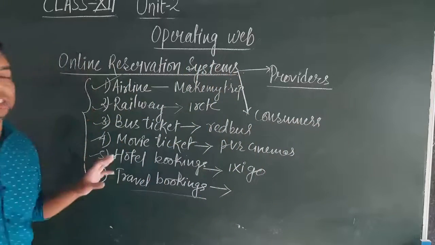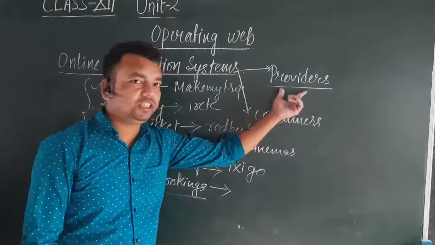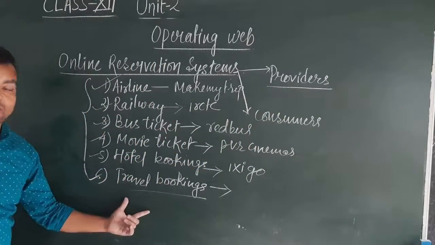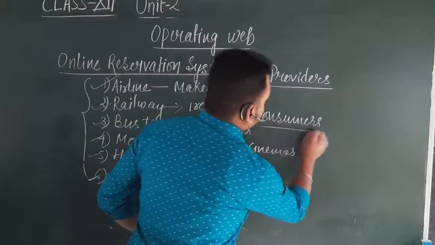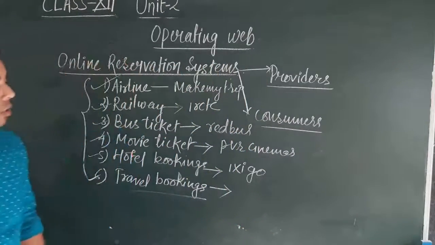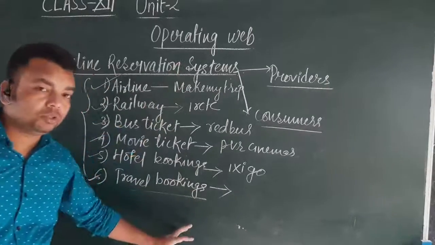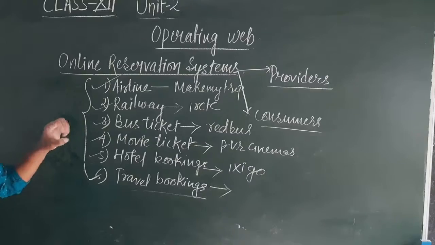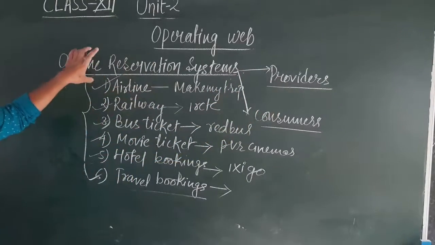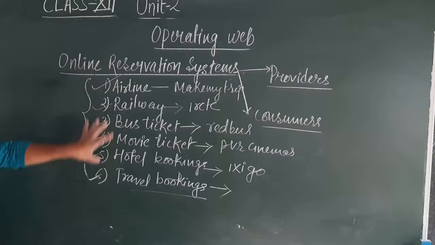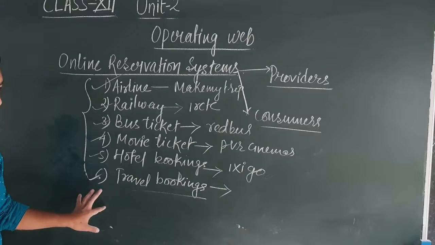The providers are the firms or organizations who provide this application for availing such services, while the consumers are the general common people who use these facilities in order to avail the services provided by the providers.